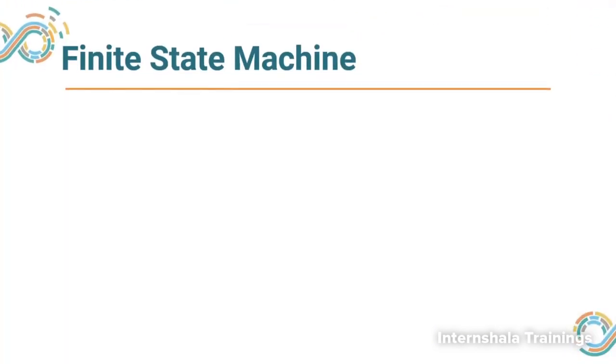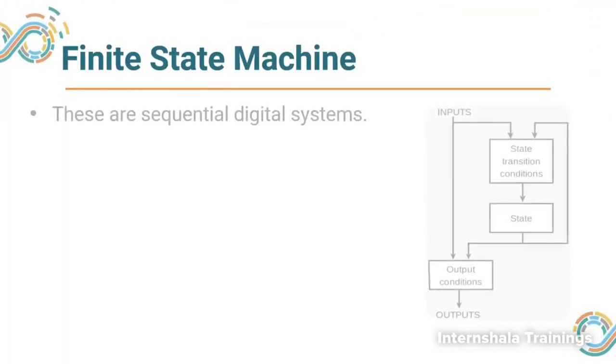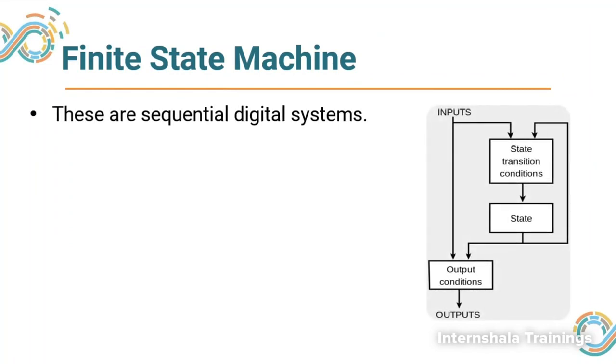So what are finite state machines? Here we have the block diagram. These are basically digital systems which are sequential in nature. So what are sequential digital systems? They have inputs as well as memory elements. If you look here, we have this state transition condition and state.